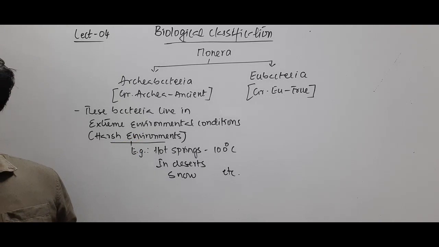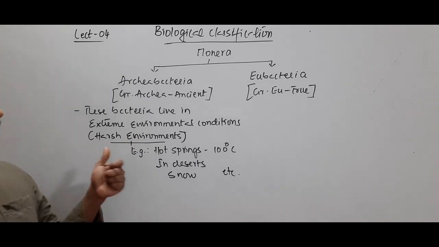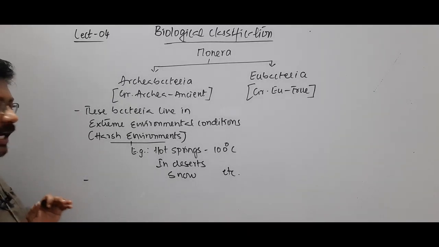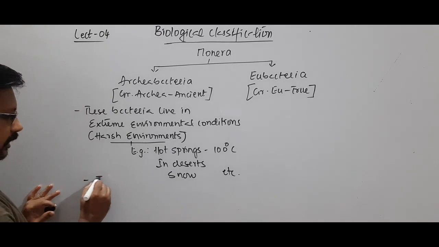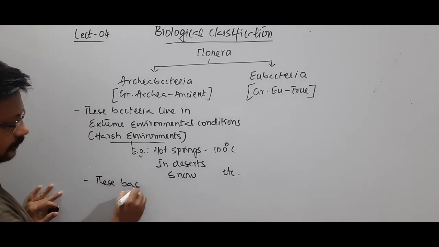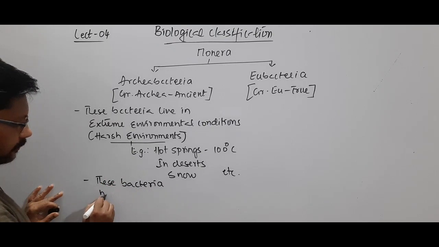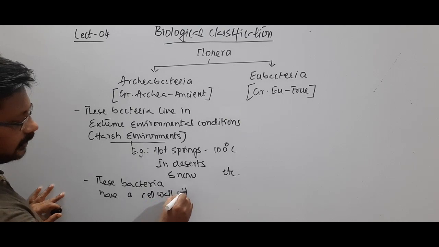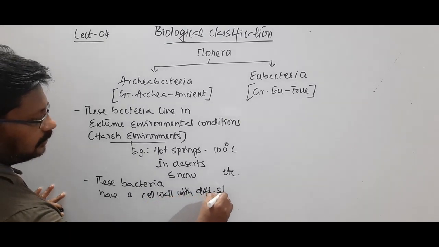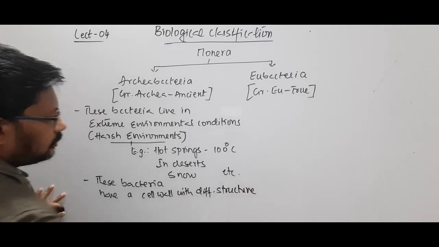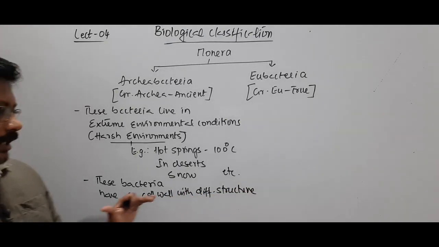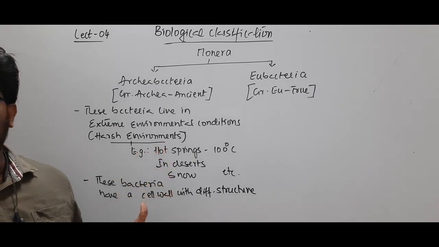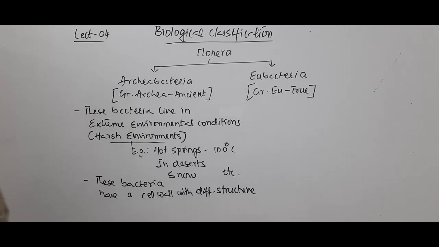How they are able to live in such harsh environmental conditions is due to the presence of a different cell wall. These bacteria have a cell wall with a different structure. Due to this different structure of the cell wall, these bacteria are capable of living in such harsh environmental conditions.